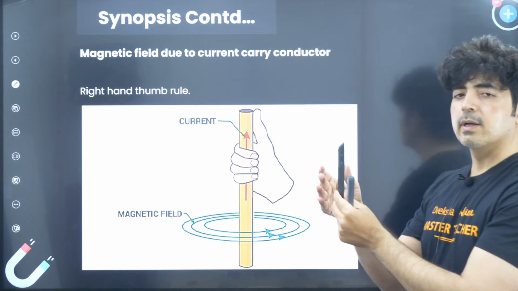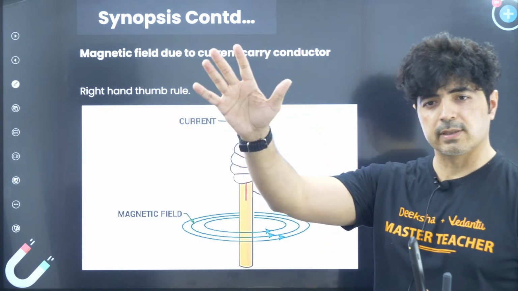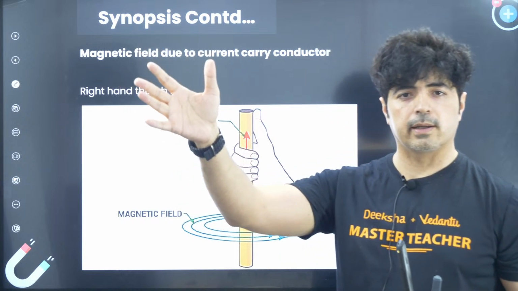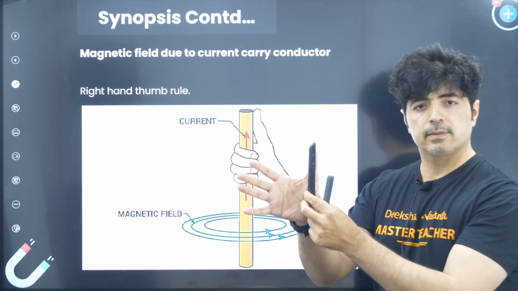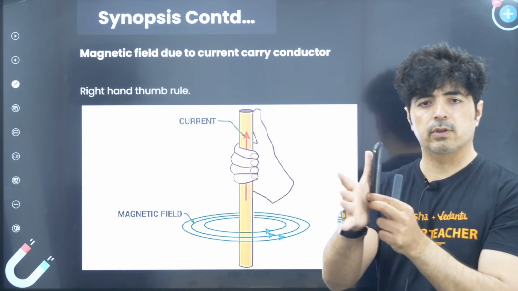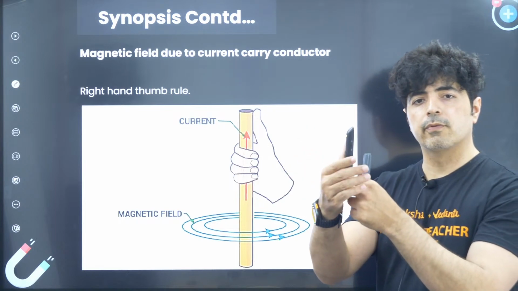Now what does the rule say? Right hand thumb rule: take your right hand. I know everybody knows which is their right hand. Put your thumb in the direction of current, from bottom to up, and curl your fingers.